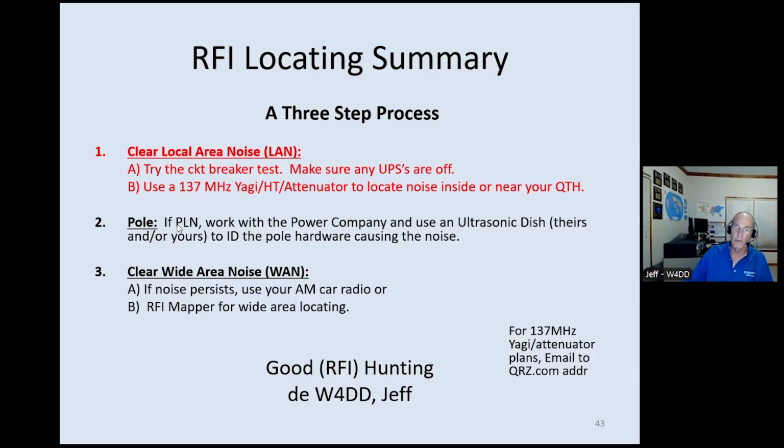If you find a pole, you want to work with the power company and use their dish or yours to ID the part on the pole so you know exactly what needs to be replaced. And then if you're not successful on those two and the noise appears to be farther out, use a WAN tool, wide area noise tool, AM car radio, or progress to RFI mapper if you think you're going to do this a lot. So that's my three-step process. It has worked for me very well.